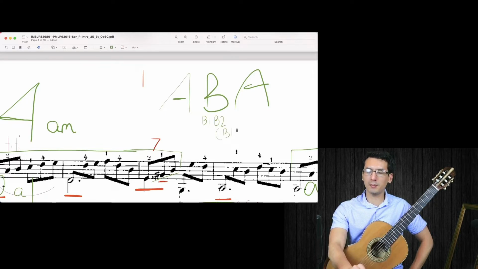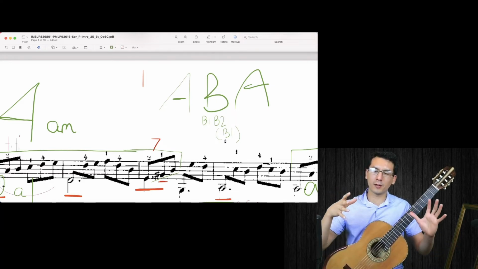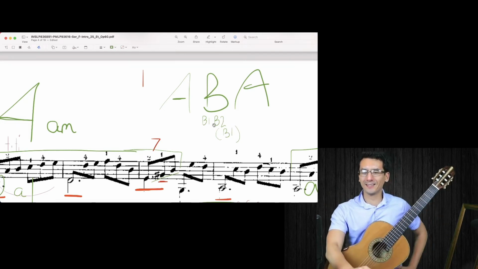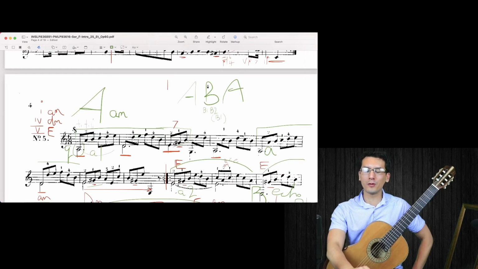We end the B2 section with part of B1. So the B section has a nested form, which means it's got form within form, and this is called rounded binary. So Fernando Saw has put rounded binary into the B section, if that makes sense. So we get ternary form overall, but the B section is rounded binary.